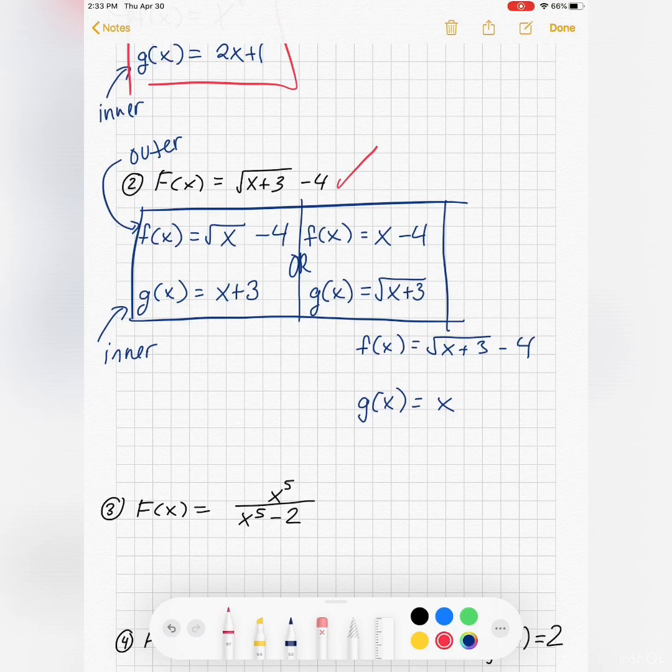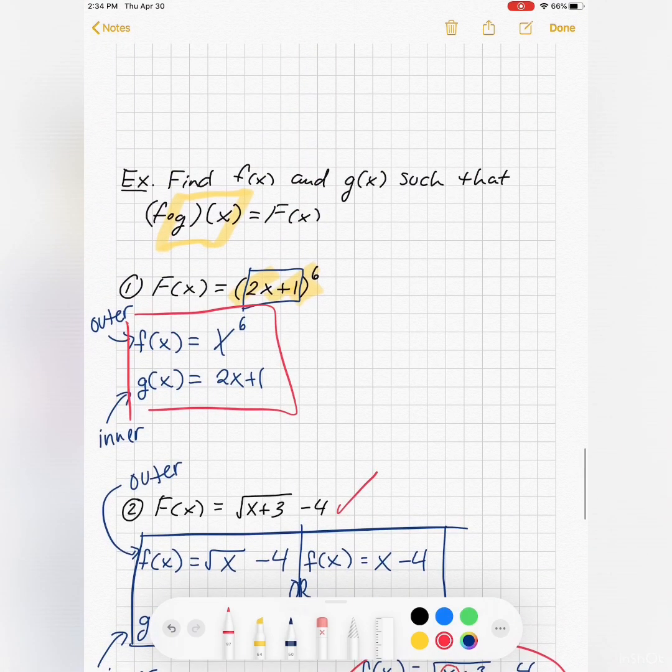So actually, technically speaking, if I replace x with x, that gives me the correct composition, but it's kind of like cheating the question, right? I didn't do anything interesting. So usually that would not be an acceptable answer. And so what we usually do to prevent you from doing this is we add something in the instructions that says, find non-identity functions, f of x and g of x.